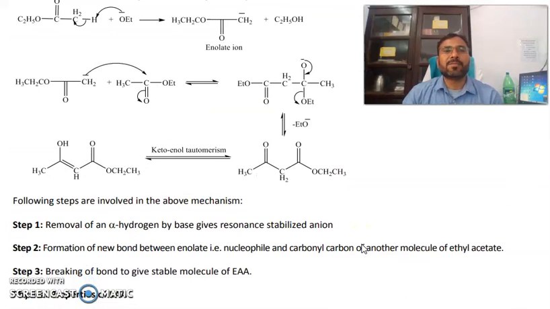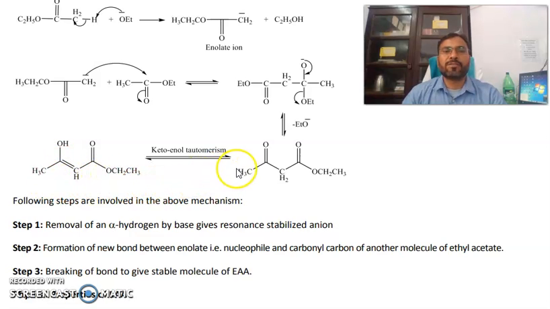So, what is the mechanism? The generally accepted mechanism for the Claisen condensation is shown here. You can see this enolate anion, and then this compound making this, and after keto-enol tautomerism we will get this.